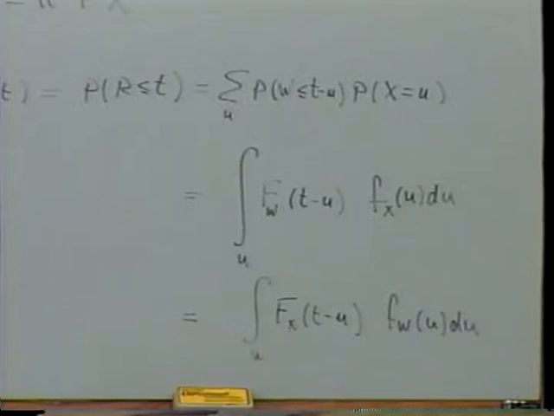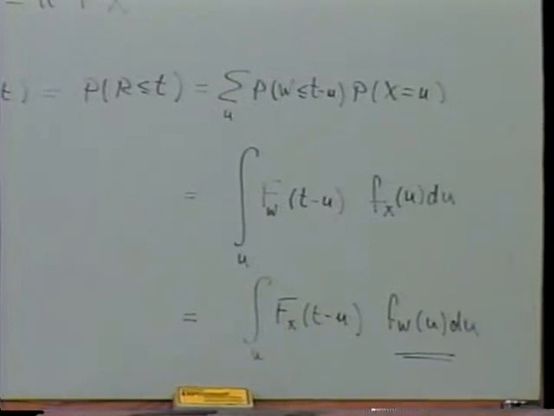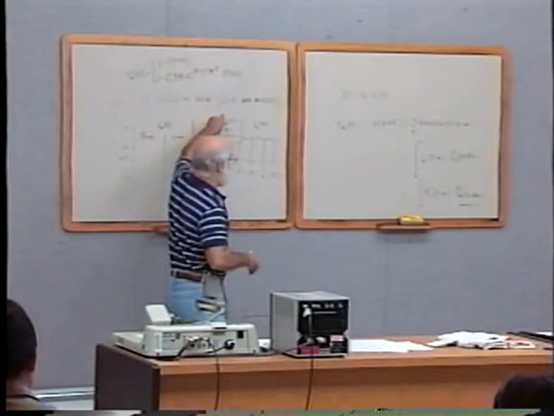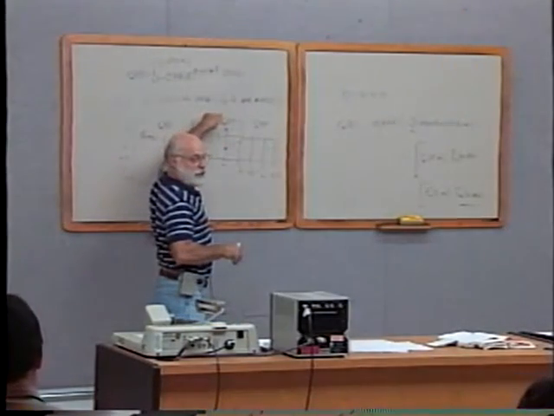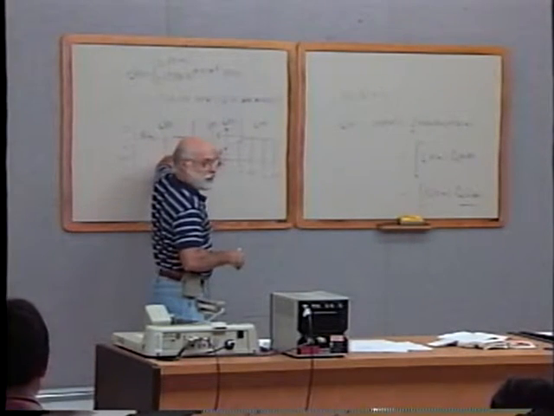But we have to recognize that in this case, what is the density function for W? Well, we know that the density function is a derivative of the distribution function. And the distribution function is discontinuous.